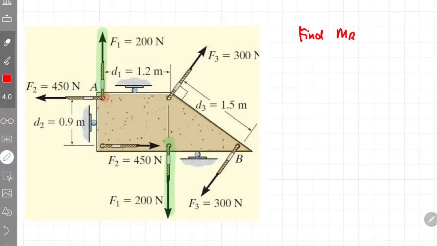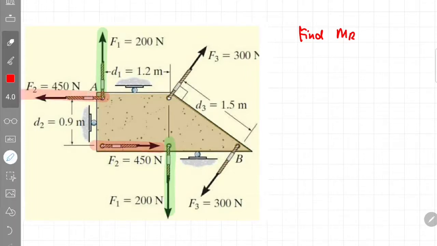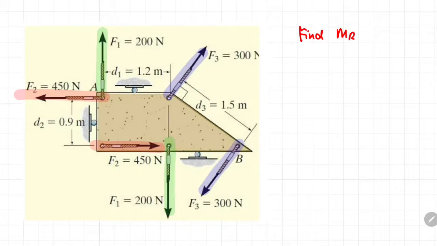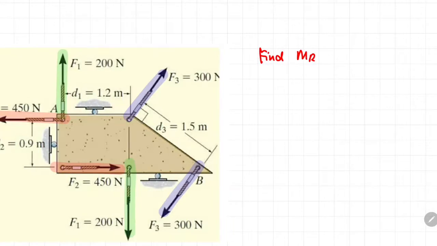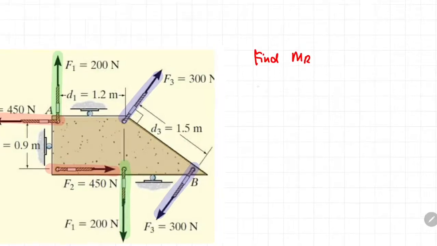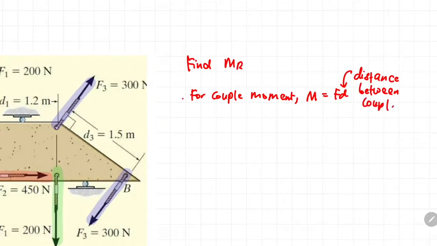This is the second couple force, same magnitude, different direction, and this is the third couple force which has the same magnitude but with opposite direction. Okay, so simply kita ada tiga combination of couple forces. So we can use the scalar equation whereby moment can be attained by multiplying the magnitude of the couple force with the distance.